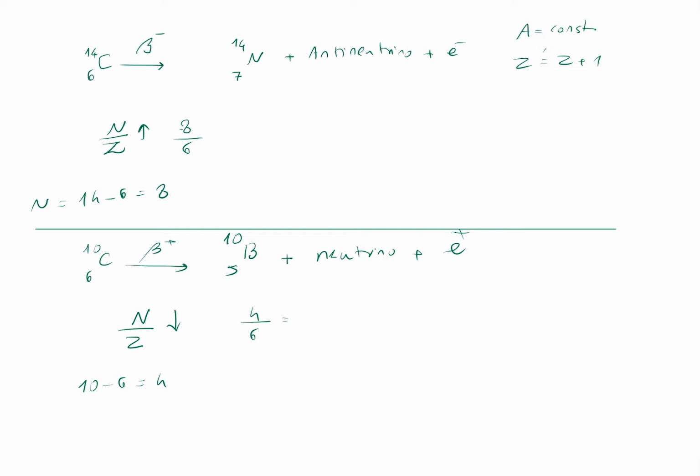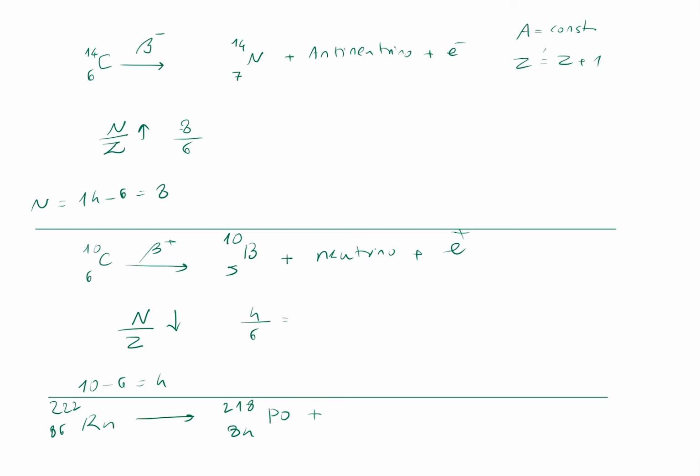Sometimes the gamma can come with alpha or beta also. For example, radon 222, 86, changes to produce alpha, because alpha decreases A by 4 and Z by 2, polonium plus alpha, which is helium 4 2, and also produces gamma.